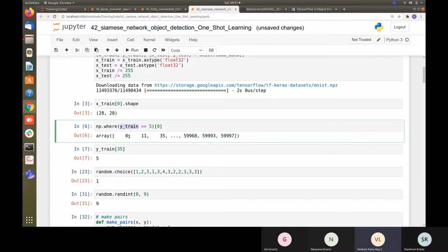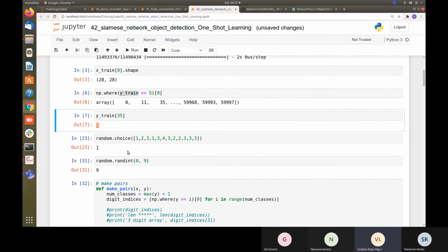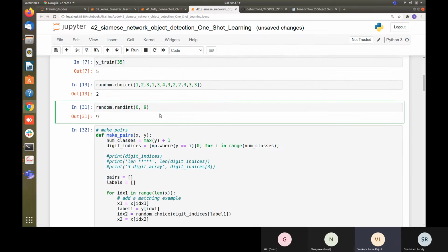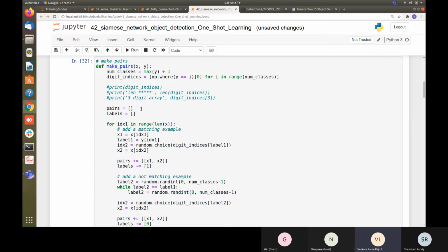At that index, x belongs to 5 and y is 5. Then random choice is a function which randomly chooses one number. If I run it multiple times, it takes a different number from the given set.